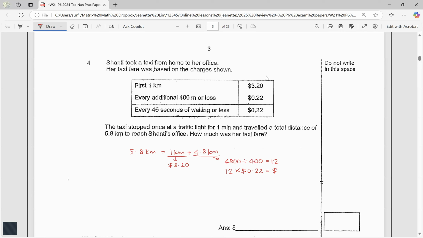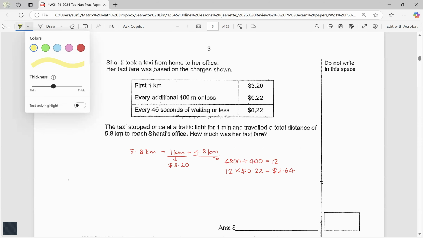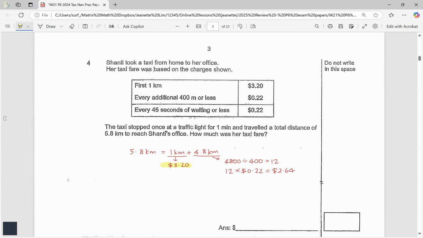This will give us $2.64. Then in terms of distance, she's going to pay this and this. That's for the distance.